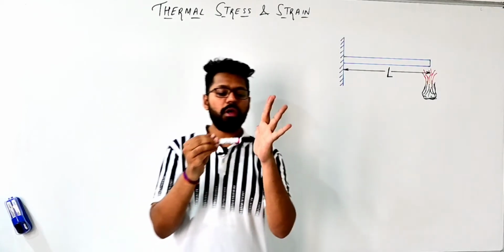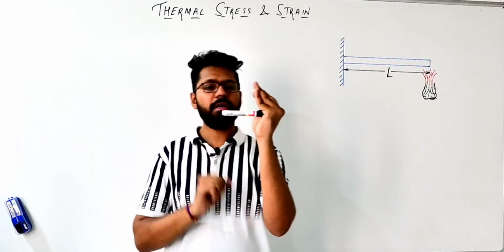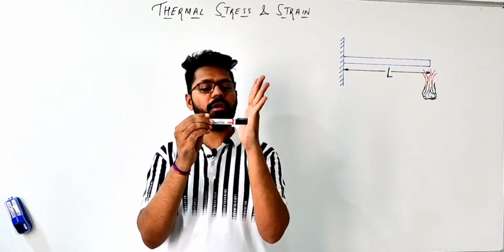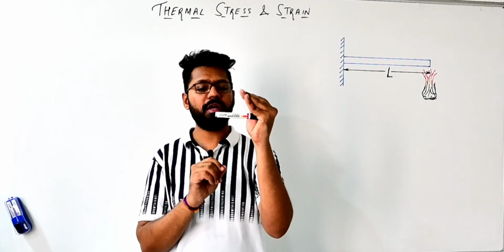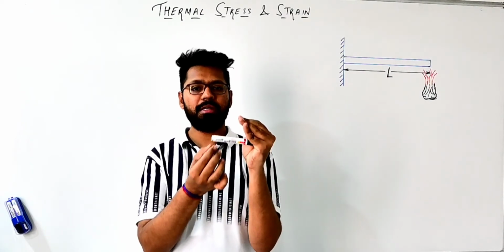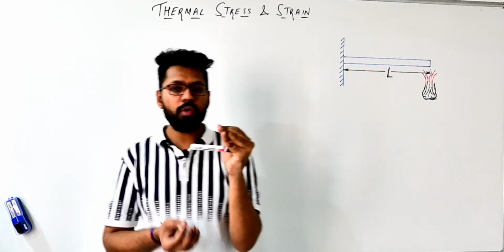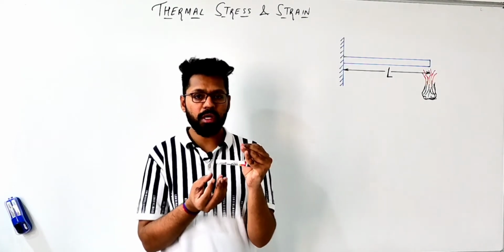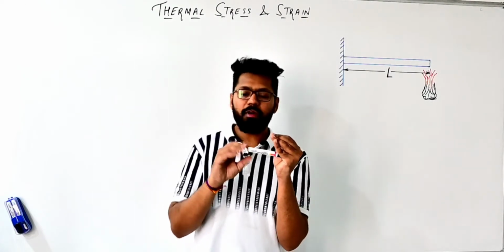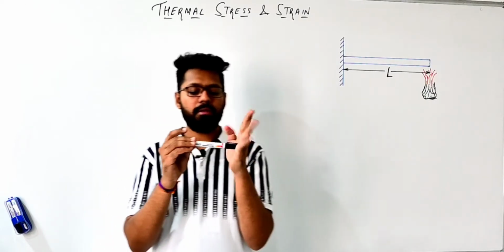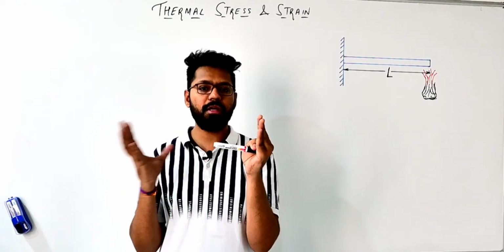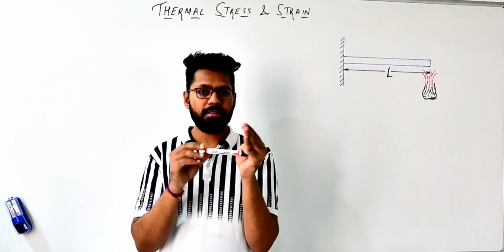Okay, so if we fix this rod at one end, and we are going to heat this rod, so one is the rod temperature, and one is the temperature we are heating to.